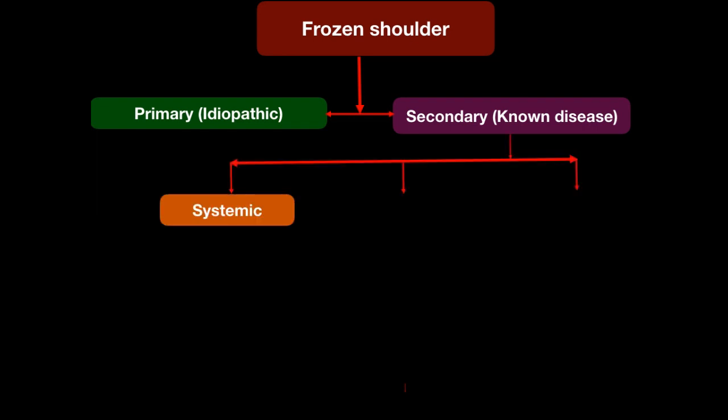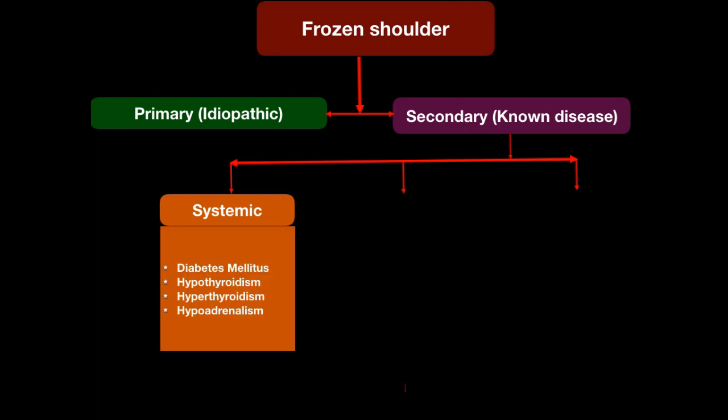The secondary frozen shoulder is basically of three types. We'll go through them one by one. It is systemic, that means a frozen shoulder that develops with systemic diseases like diabetes mellitus, hypothyroidism, hyperthyroidism, and hypoadrenalism.